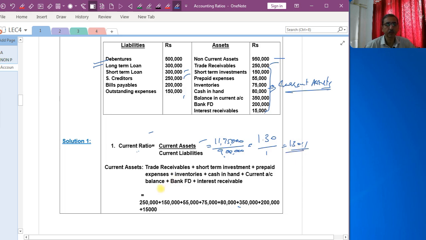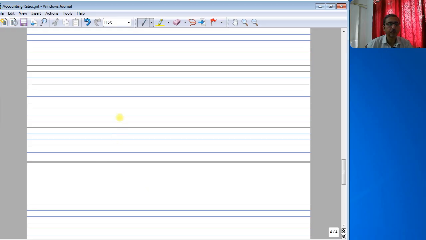Now the question asks for another ratio to calculate, that is the liquid ratio. Just to revise, in case you haven't seen the previous video, the liquid ratio uses current assets minus inventories and prepaid expenses. So sorry, this is quick or liquid assets.